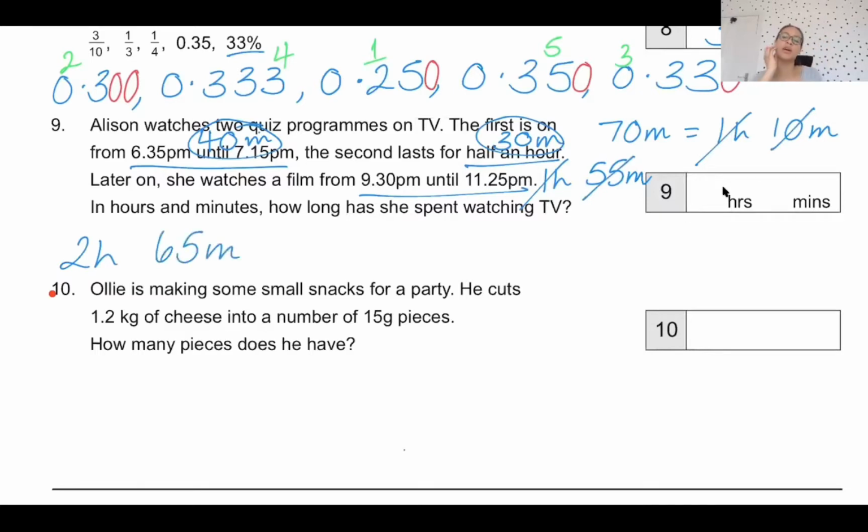But what's wrong with that answer? Can I put 2 hours and 65 minutes as my final answer? Nope, I cannot. We've got too many minutes. So what is the correct answer? What is 2 hours and 65 minutes in hours and minutes? Yeah, thanks. So I've got that from Undina and I got that from you, Olivia, a little earlier as well. Okay, good. So 3 hours and 5 minutes.